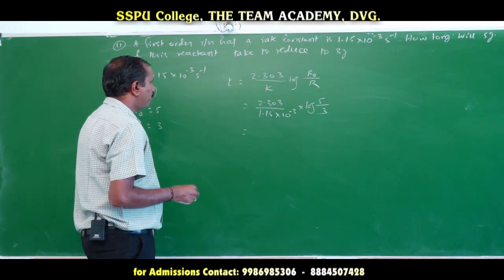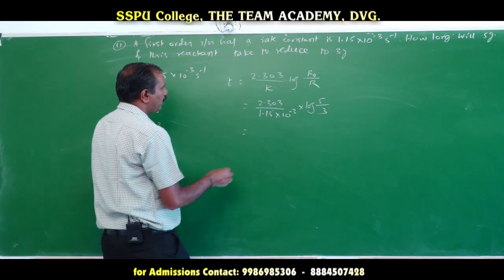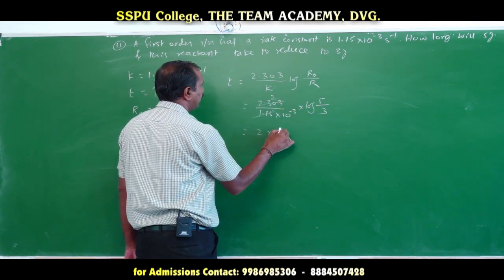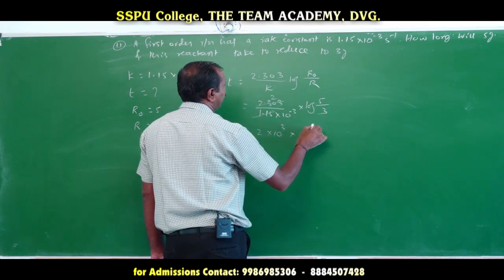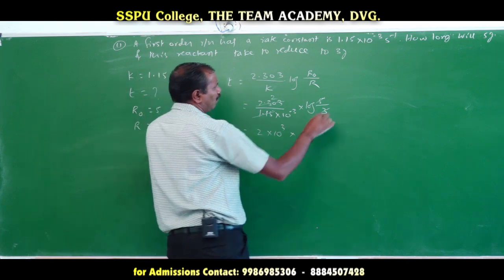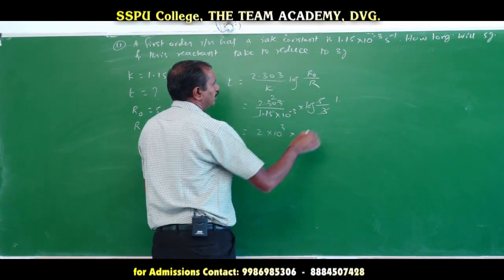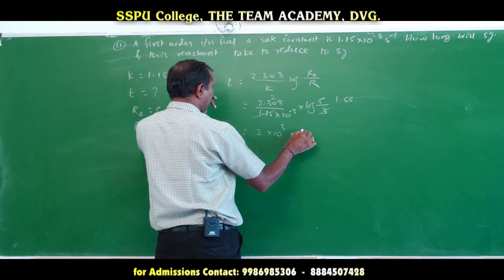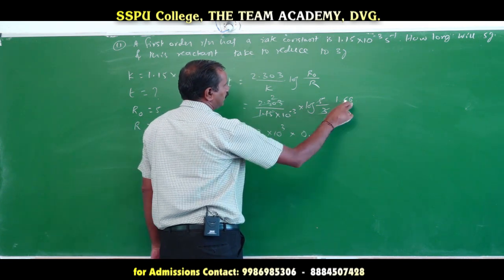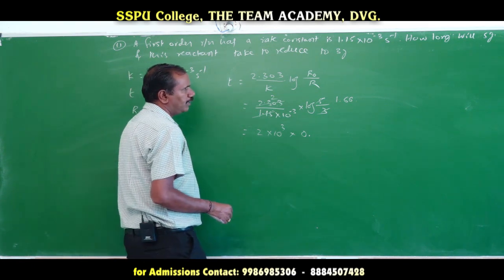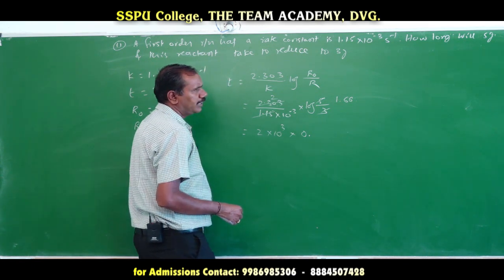2.303 by 1.15, it may become 2 into 10 to the power plus 3, into 5 by 3. 5 by 3 is nothing but nearly 1.666. So the characteristic value is 0, and the mantissa comes under 16.